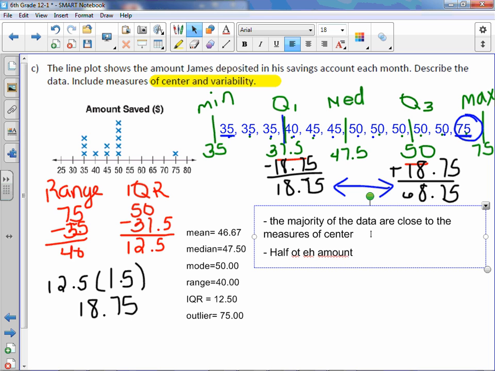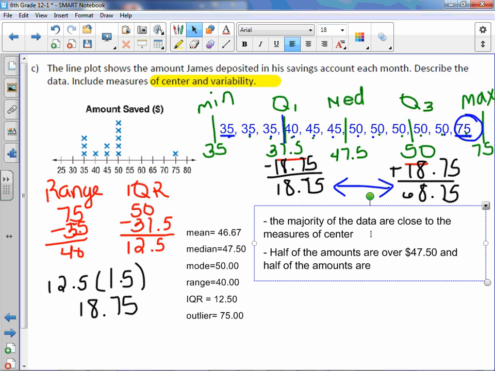Half of the amounts are over $47.50, and half of the amounts are less than $47.50.